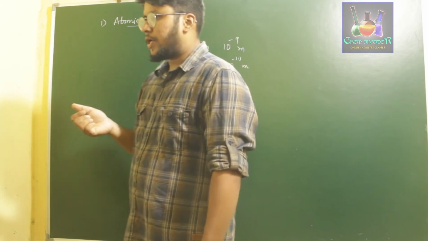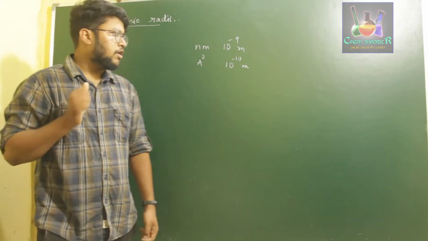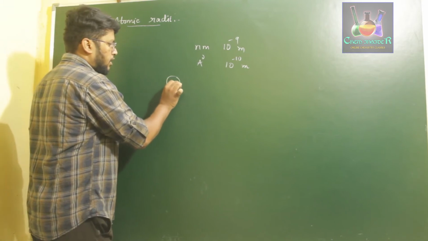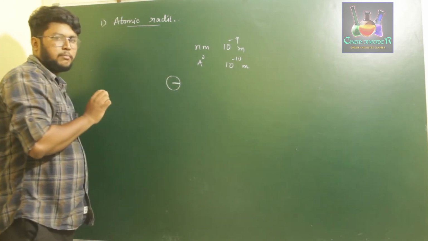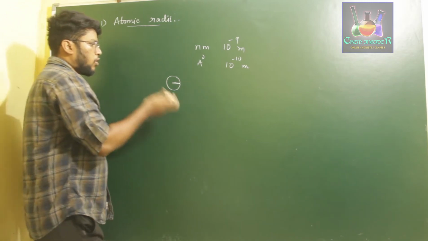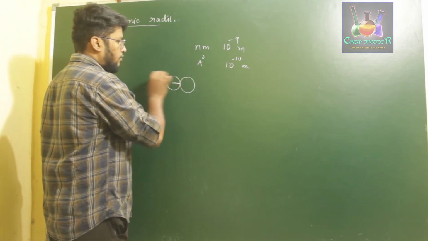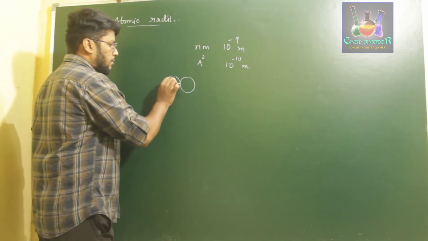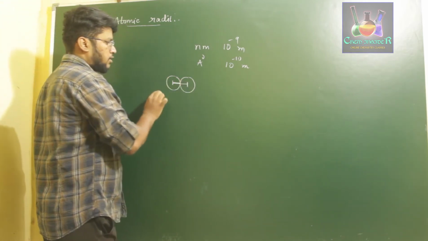So what is this covalent bond and metallic bond? Instead of determining an atom's radius, let us say this is an atom. Instead of determining just the radius of an atom, what we do is we take the molecule of the given element. If you take a diatomic molecule of an element, we can determine its force of attraction.